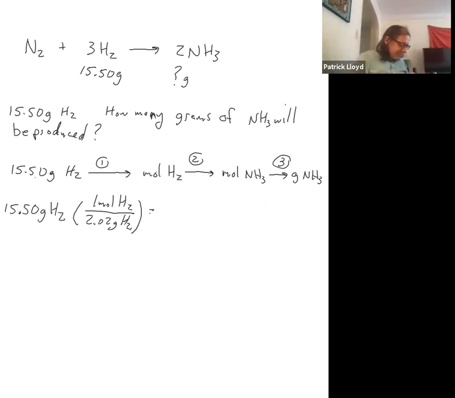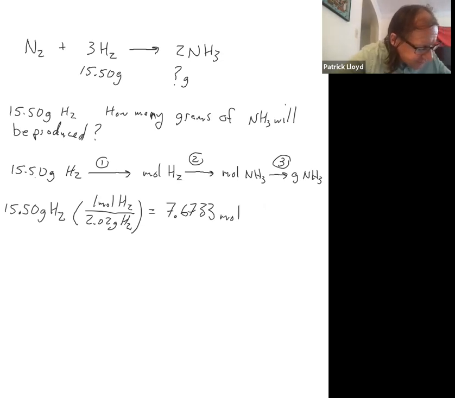So 15.50 over 2.02, and you get 7.6733 moles of H2. Okay, to go from moles of one substance to moles of another substance in the balanced equation, we use the ratio of the coefficients. So step 2, I'm going to write this number down again.